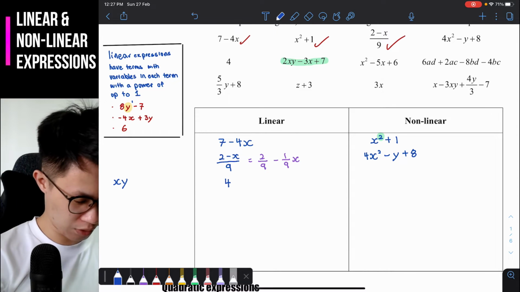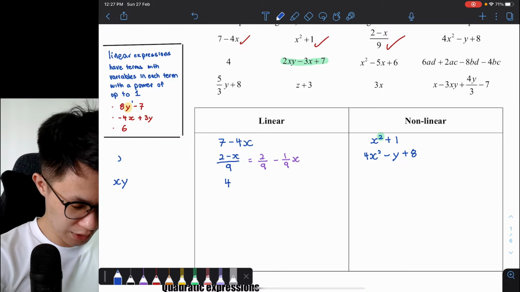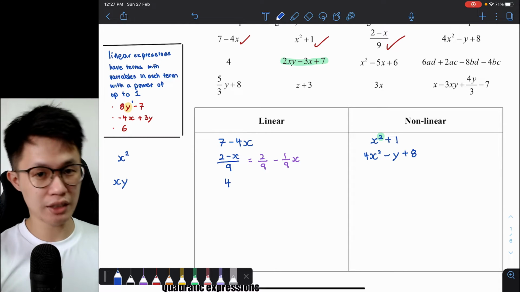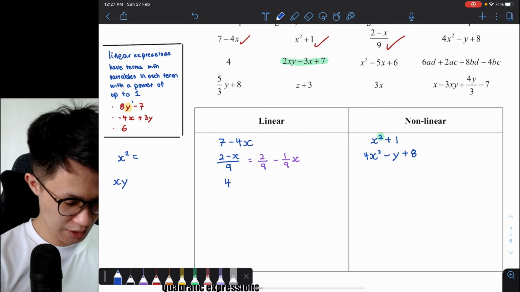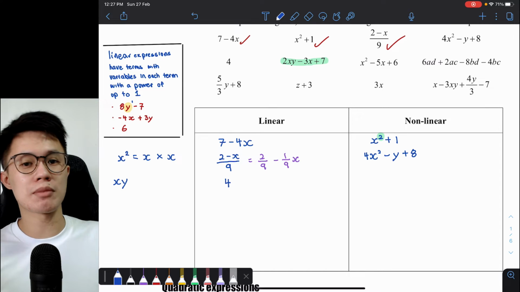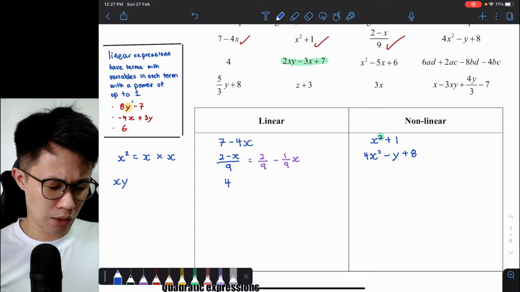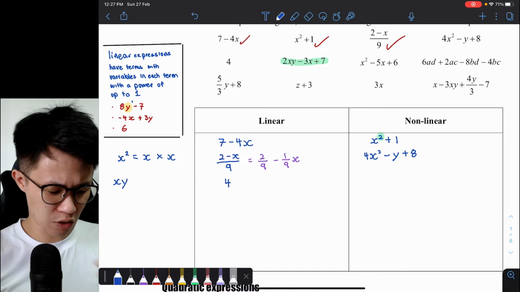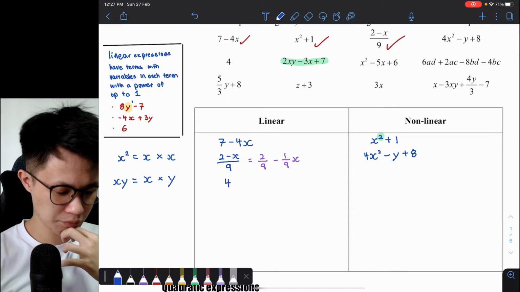Before I decide whether this is linear or non-linear, let's start with x squared. x squared is definitely non-linear, and it is simply x times x. The reason it is not linear is that you have a variable multiplied by another variable. In the case of xy, it is x times y.